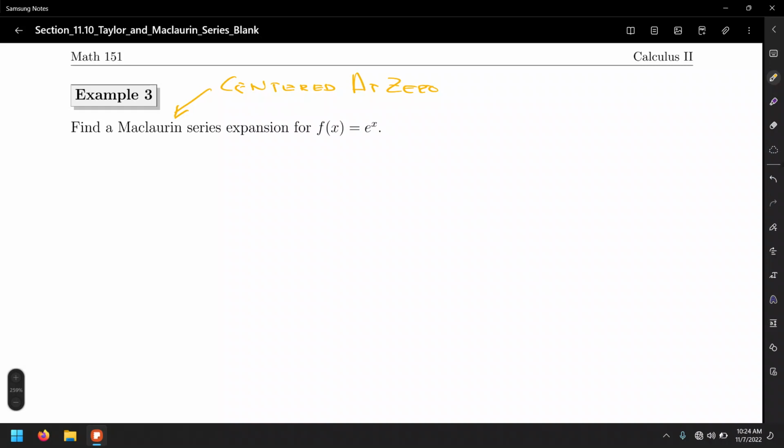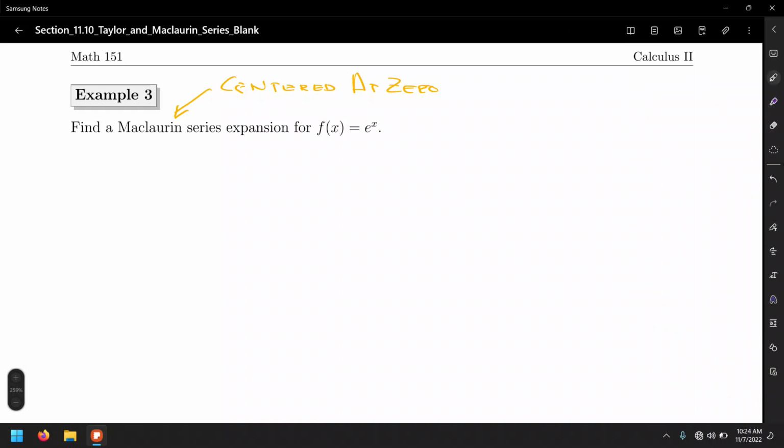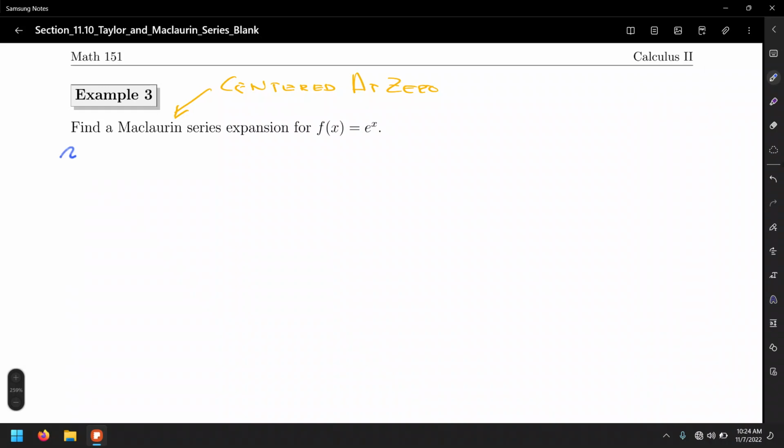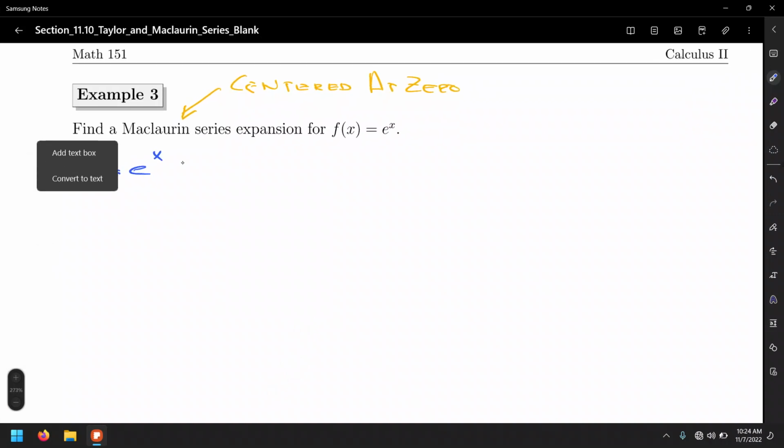Evaluate the original function at 0 and some of its derivatives. Well, so f of x, which is e to the x, and evaluate the function at 0, that's e to the 0, which is 1.